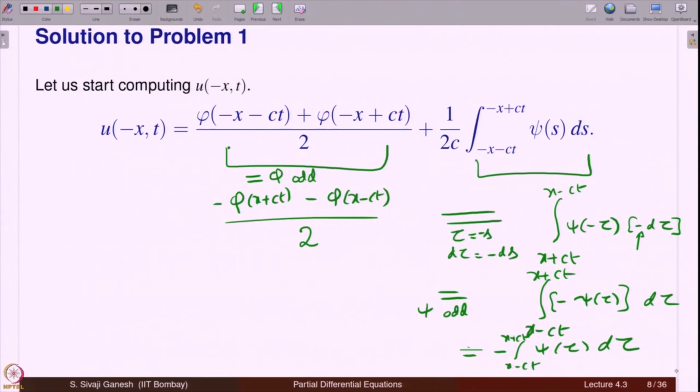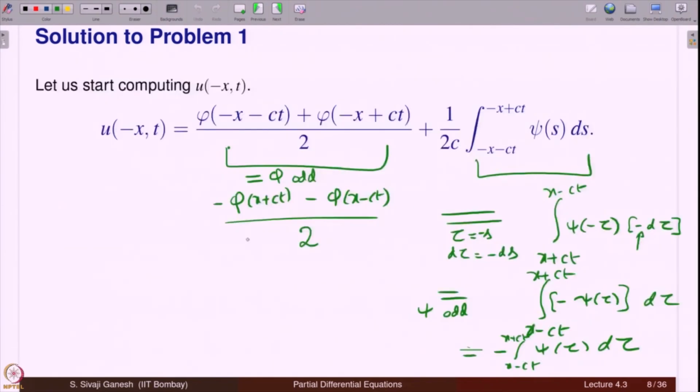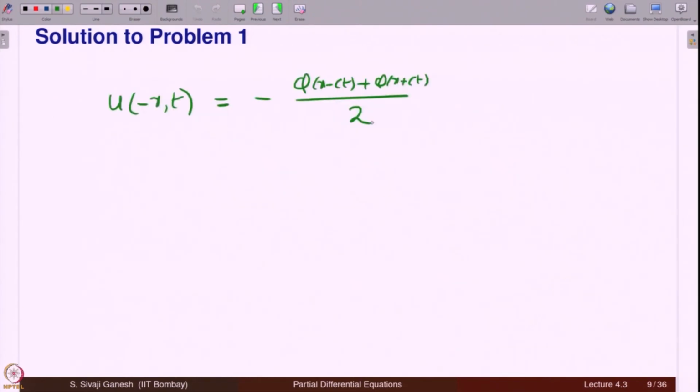Therefore, what we have obtained is u of minus x comma t is equal to minus phi of x minus Ct plus phi of x plus Ct by 2, that is the first term from here, and the second term is 1 by 2c with a minus sign, and the integral from x minus Ct to x plus Ct of psi tau d tau.